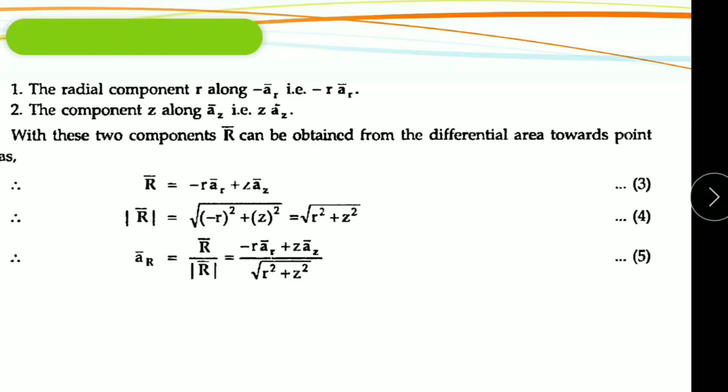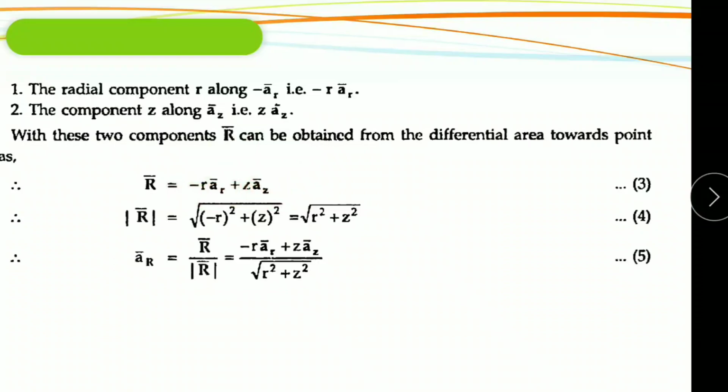Now by adding these two components we get the resultant vector. The two components are the radial component, minus r ar bar, and the component z along az, that is z az bar. By adding these two components we get the value of r bar.